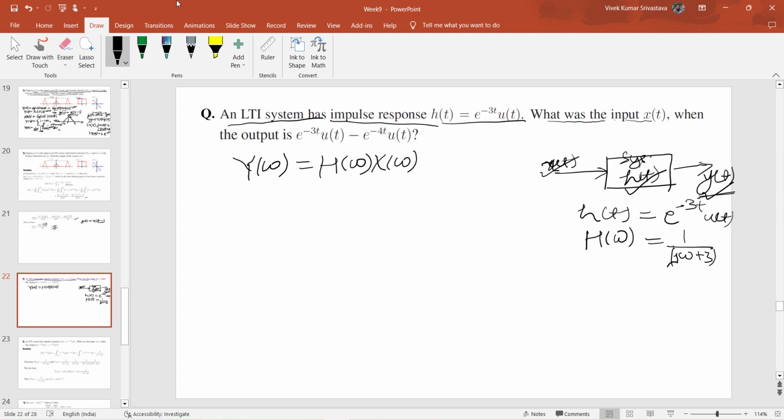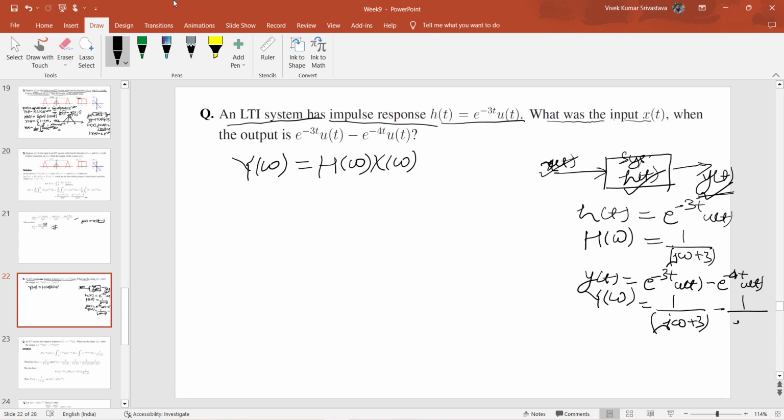For y of t, which is given in the problem as e raised to the power minus 3t into ut minus e raised to the power minus 4t into ut, we can write its transform as y of omega equal to 1 over j omega plus 3 minus 1 over j omega plus 4.